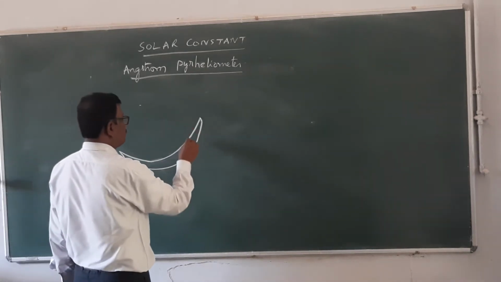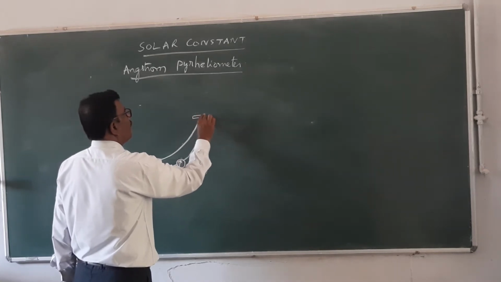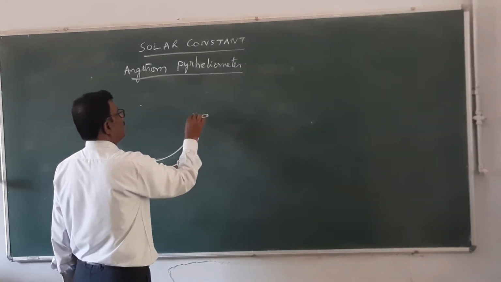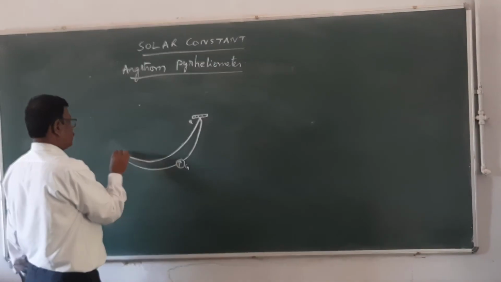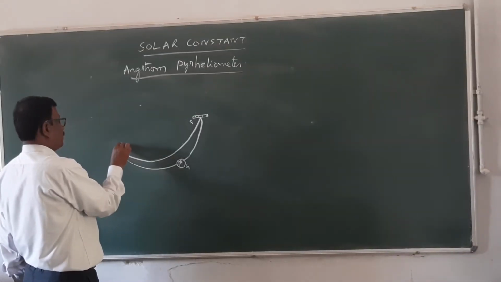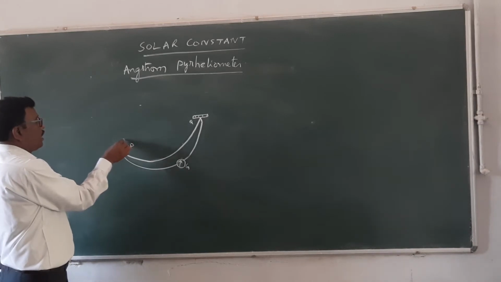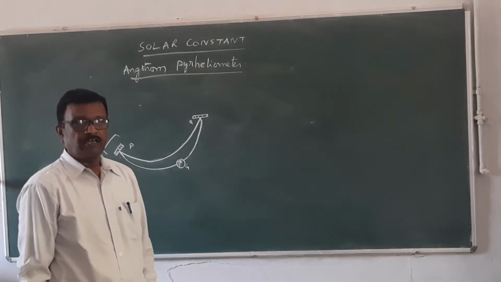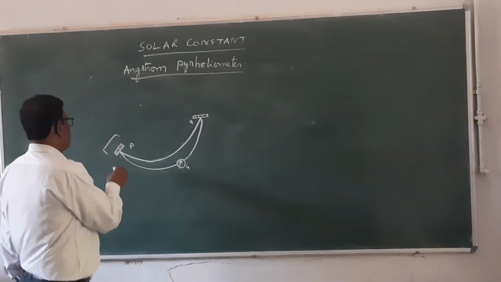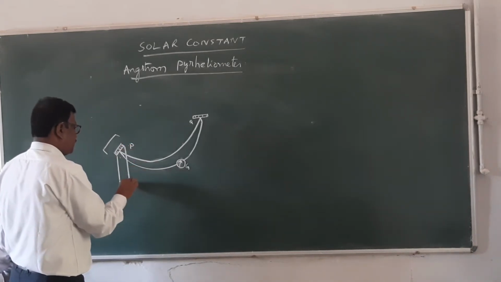At the two junctions of the thermocouple, two platinum coils are welded, say Q and P. The coil P is shielded from the thermal radiation and it is connected to an external circuit.